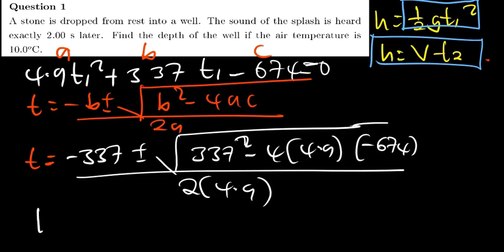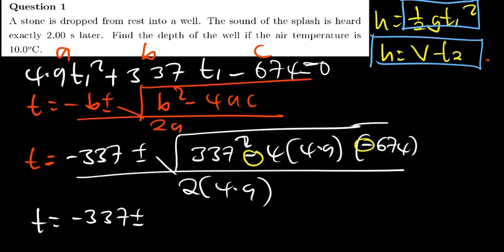So I have t to be equal to negative 337 plus or minus, what is in the square root there? If I do 337 squared, negative and negative, this negative here and that negative will be plus. So I'm going just to say plus, then I'll say open brackets 4 times 4.9 again times 674, then I close the brackets.